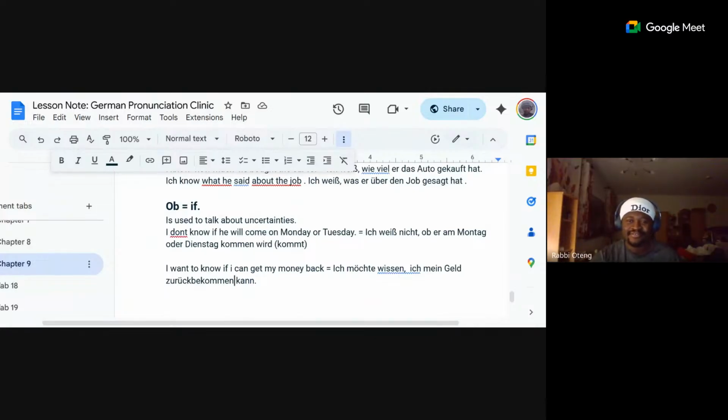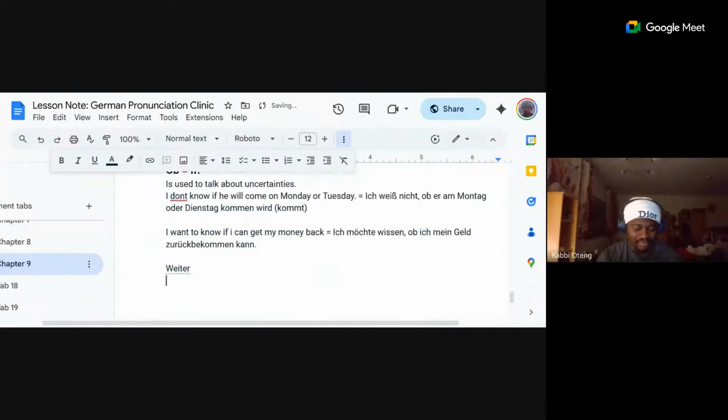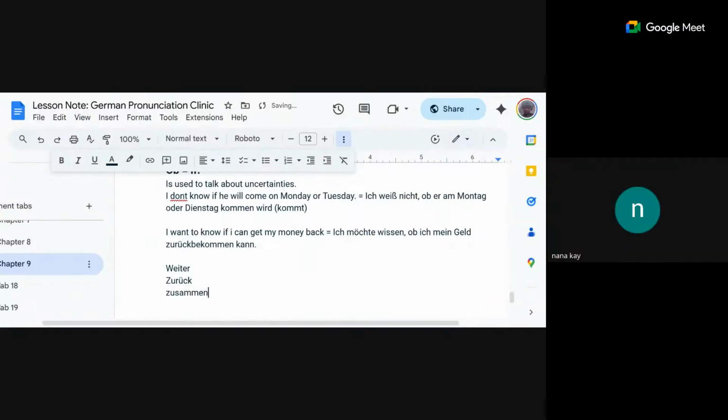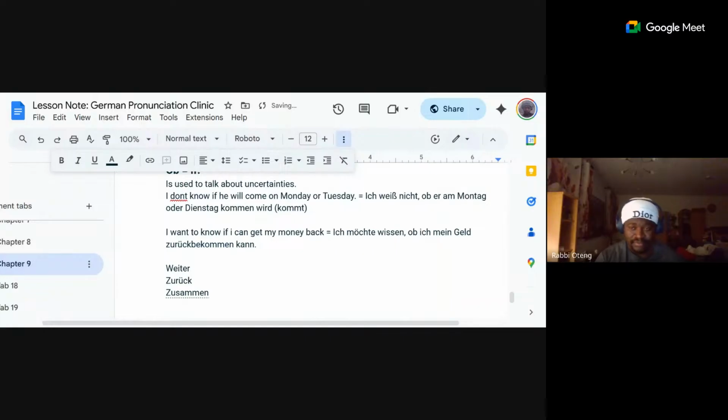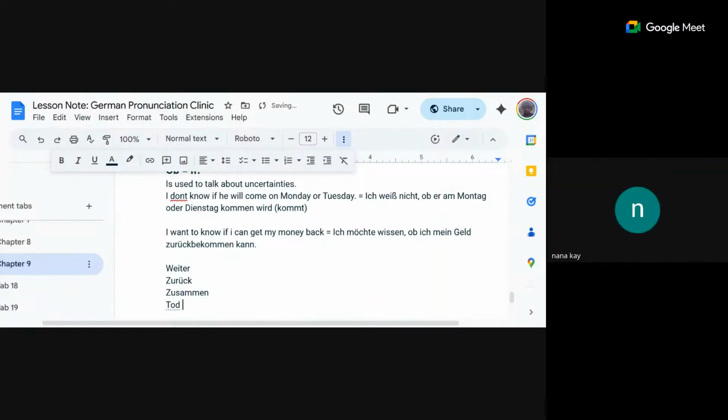Okay. So these are prefixes, but they are adverbial prefixes. Examples of adverbial prefixes are weiter, zurück, zusammen, um, gut, weg.